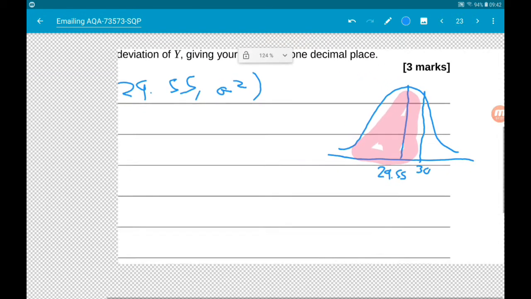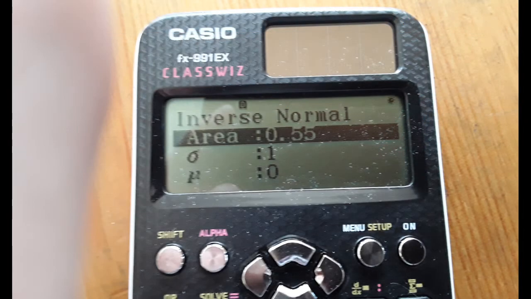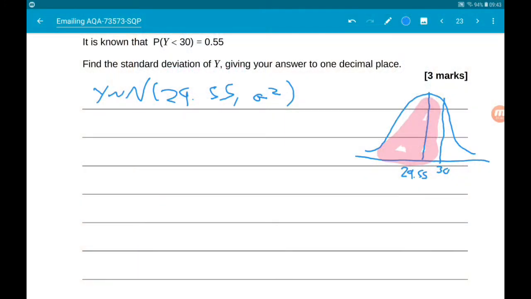So we can use our calculators here with the inverse normal to find the value of z. So I'll put up on screen what I've done with the inverse normal. We set the area as 0.55, sigma as 1 and mu as 0, because when we're dealing with z we have standardized the distribution.